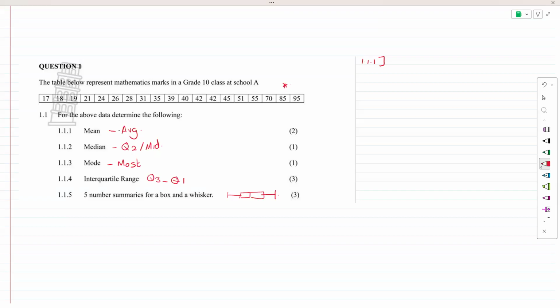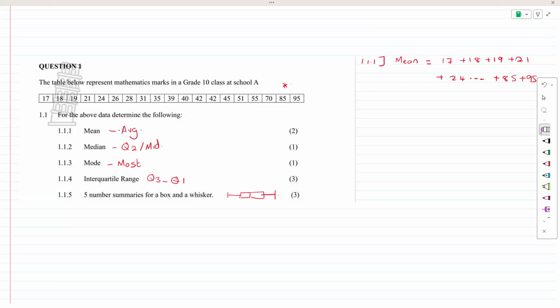If we start off with the mean, we can use our calculator if we wanted to, but we can also just straight up add this. So 17 plus 18 plus 19 plus 21. Guys, we're going to add all plus 24 dot dot dot. I'm not going to add this thing plus 85 plus 95, right? So what I did was I added up every single number here.